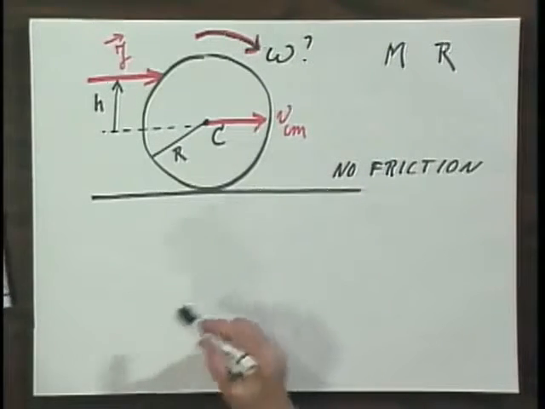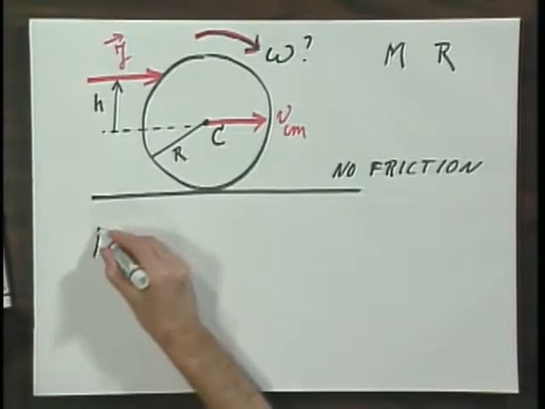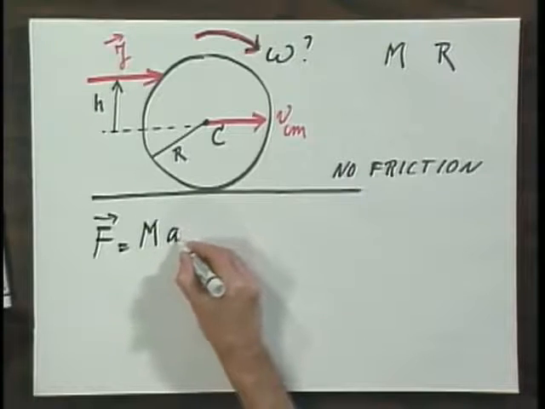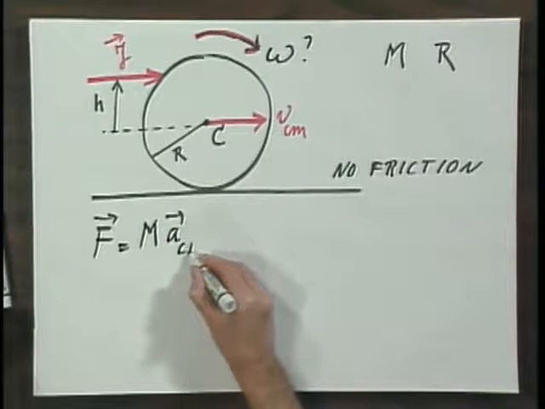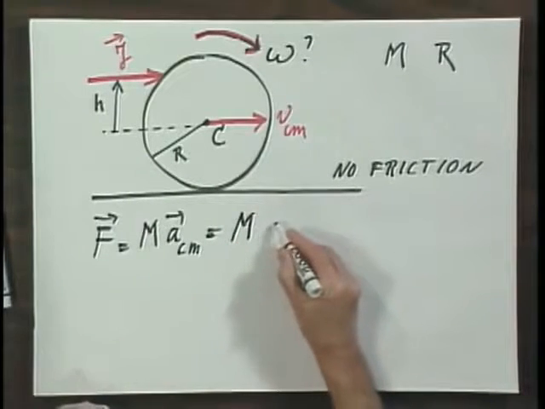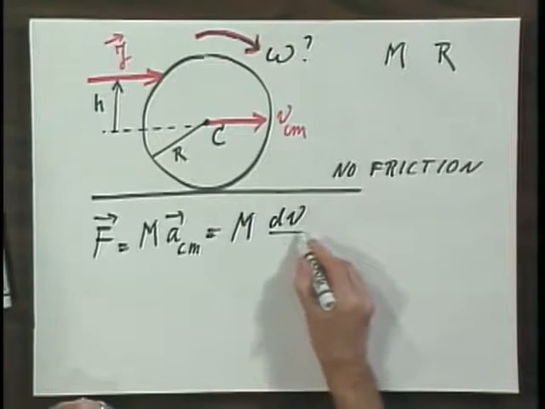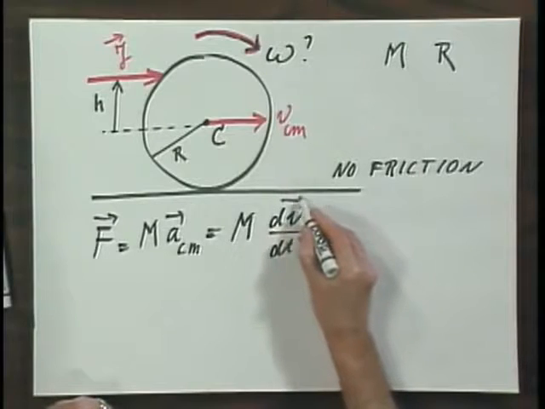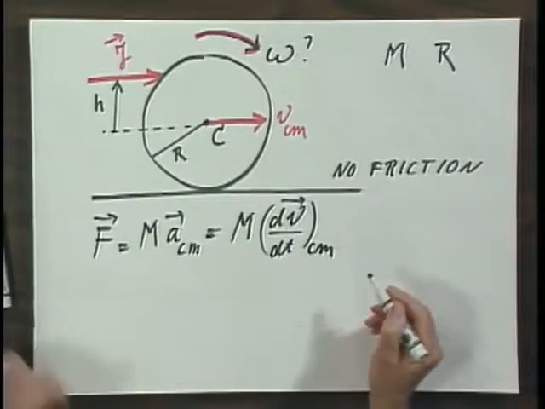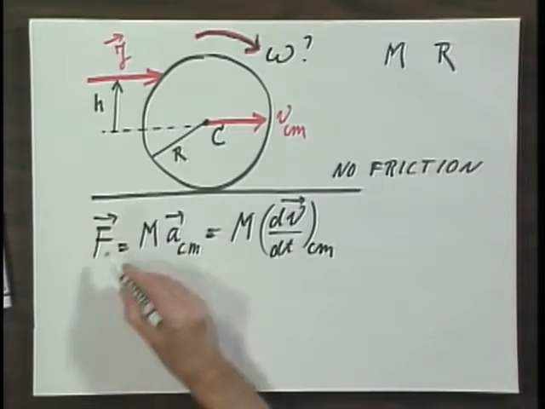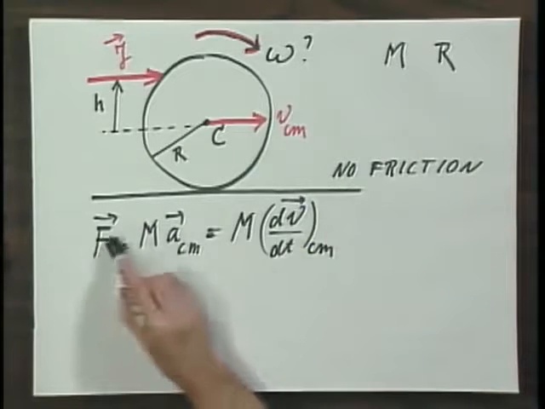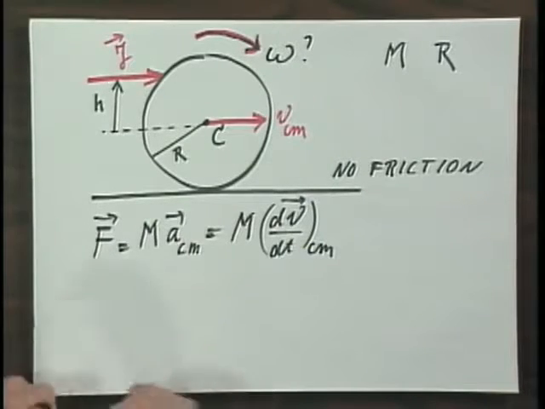Let's first start with Newton's second law. F equals m times a of the center of mass. That equals m times dv/dt, which is a vector of the center of mass. I take the integral dt of this part and of that part.